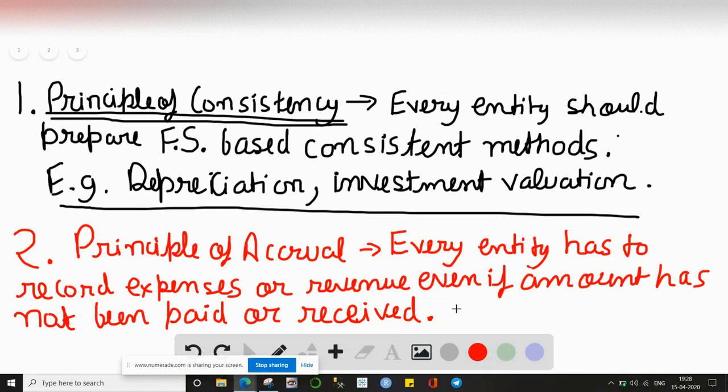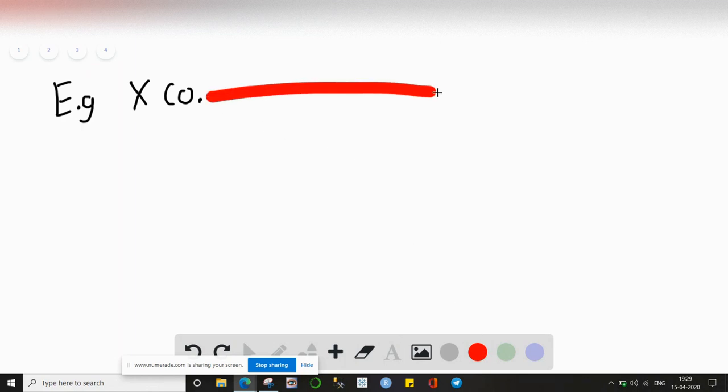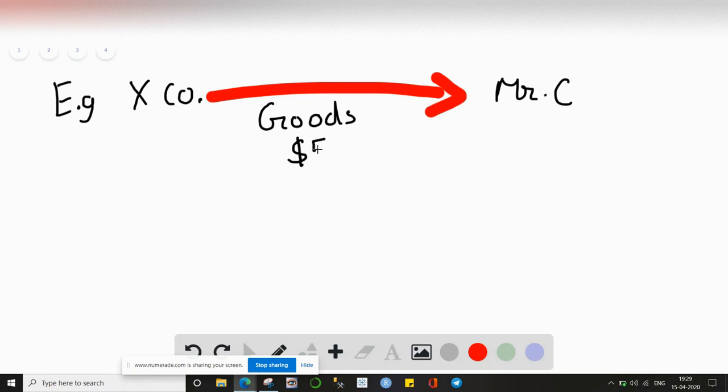The principle of accrual says, let's say, suppose, as an example, if X company supplies goods to Mr. C of $500, but C has not paid the amount yet.